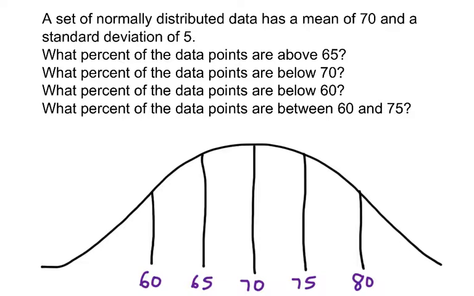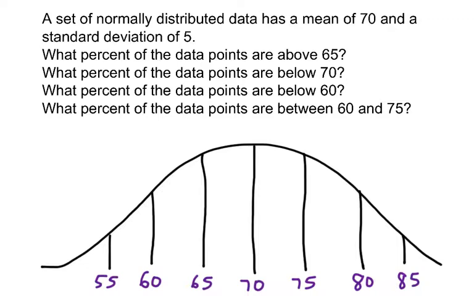You can draw 3 standard deviations above and below the mean if you'd like. We can go ahead and put that in. 3 standard deviations above would be at 85, and 3 standard deviations below the mean would be at 55. And so there's a very complete normal curve that meets the description of the data we've been given. It's normally distributed, the mean is 70, and the standard deviation is 5.